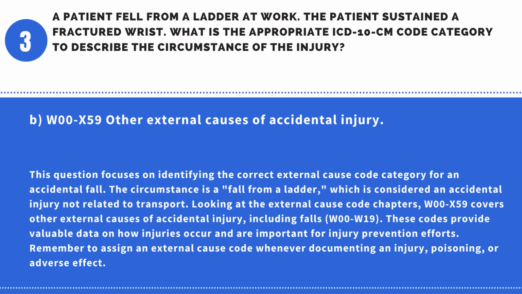Looking at the external cause code chapters, W00-X59 covers other external causes of accidental injury, including falls, W00-W19. These codes provide valuable data on how injuries occur and are important for injury prevention efforts. Remember to assign an external cause code whenever documenting an injury, poisoning, or adverse effect.